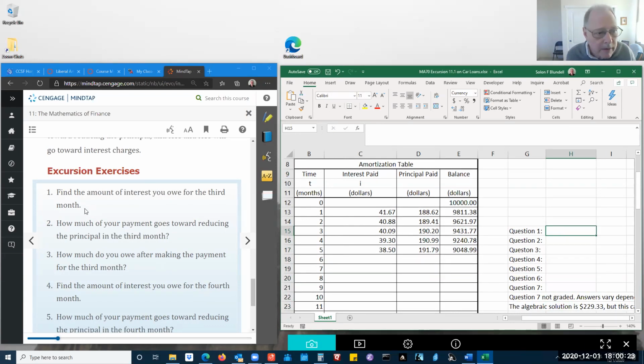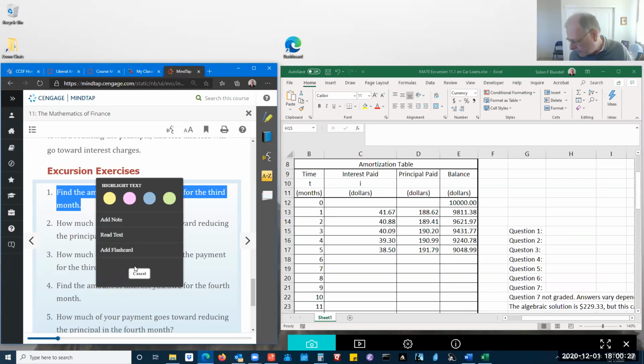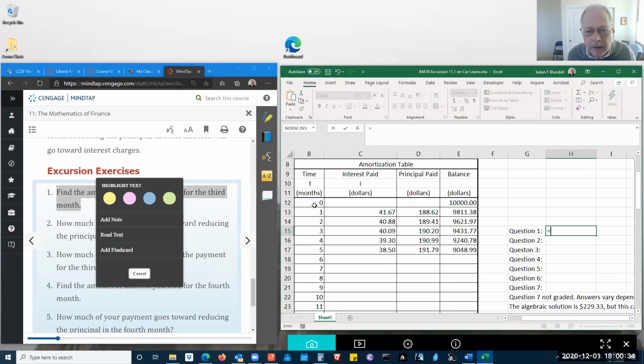So to get question 1, find the amount of interest you owe for the third month. Come over here, month 3, amount of interest, $40.09.